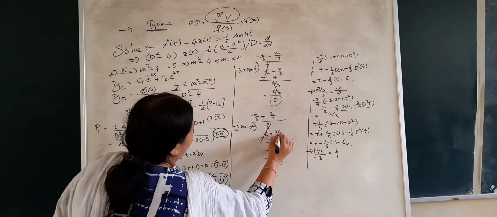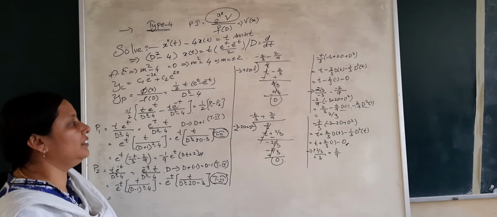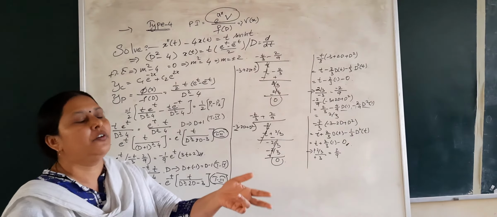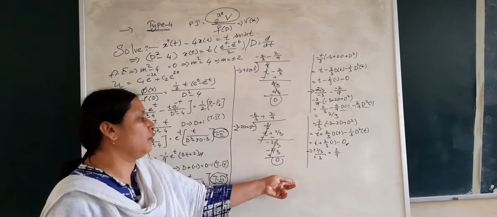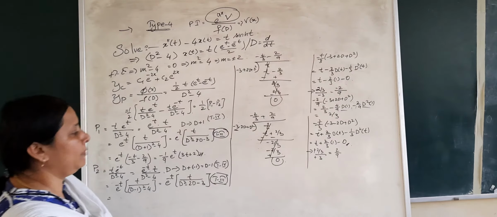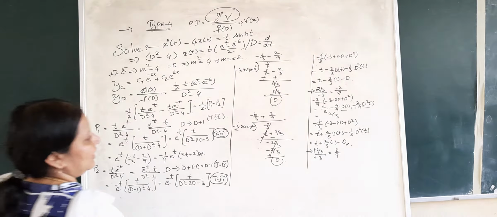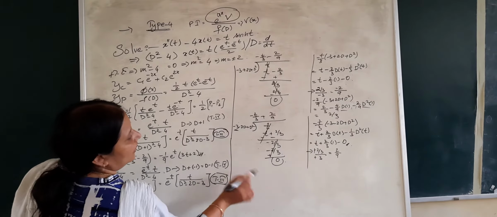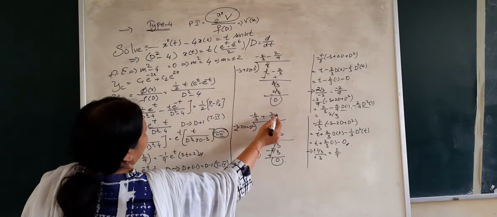Nothing else changes because the derivative of a constant is 0 and the second derivative of a constant is also 0. So only one term remains, minus 2 by 3. Got it? That's how the remainder is 0, and we have to perform the long division until you get 0. So this is the quotient here.